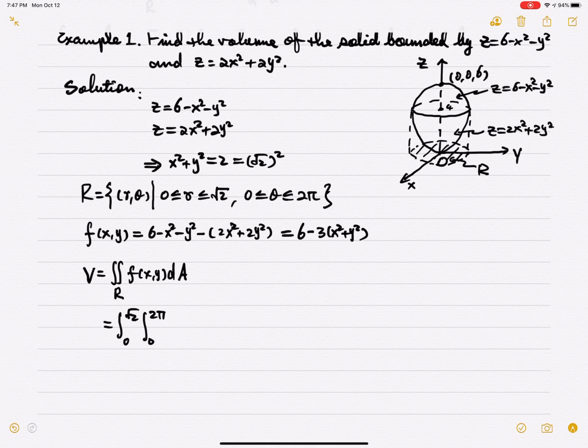When you put x equal to r cosine theta, y equal to r sine theta, x squared plus y squared is just equal to r squared. And then here is the r dr d theta. Okay, so that's equal to this.